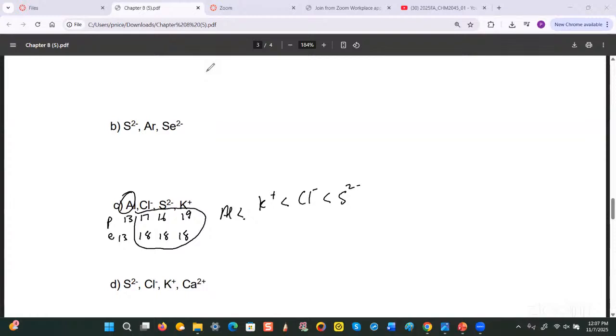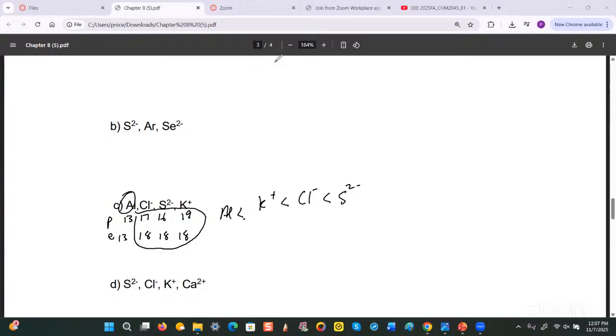No, aluminum is in period 2, right? No, aluminum's in period 3. Chloride, sulfur, and aluminum are all in the same period, right? Yes, sir. And then potassium is in period 4. Okay. So yeah, the answer is still right because aluminum is still small.